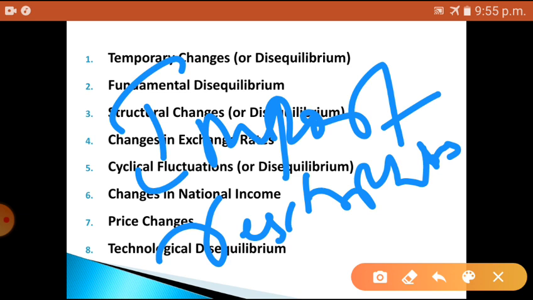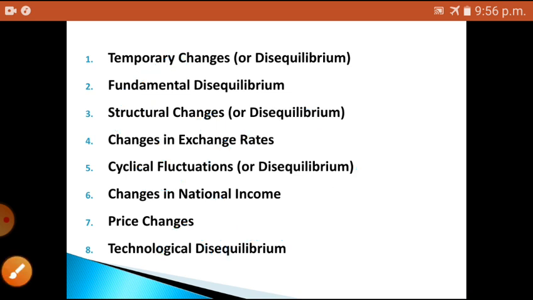And one more, in structural changes, disequilibrium in balance of payment may also be caused by changes in the supply or direction of long term capital flows. If there is a more regular flow of long term capital, it may lead to balance of payment surpluses, while there will be an irregular and short supply of capital goods.